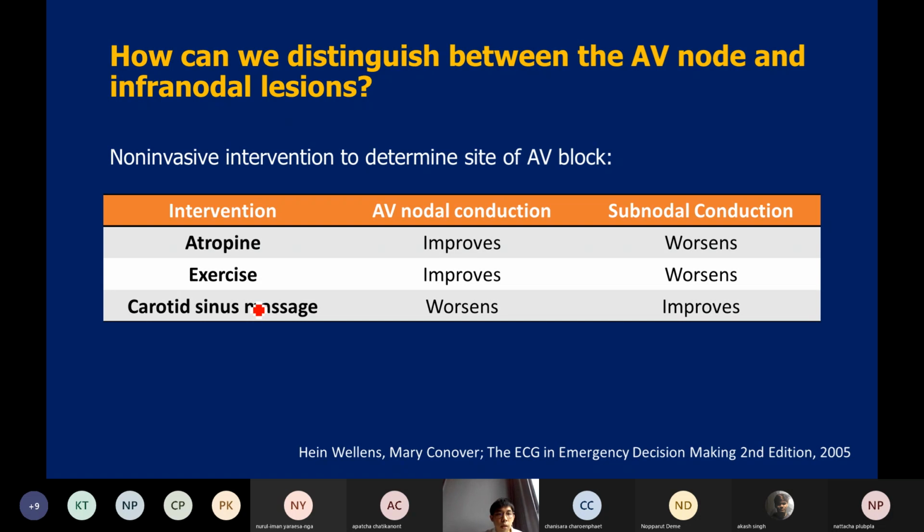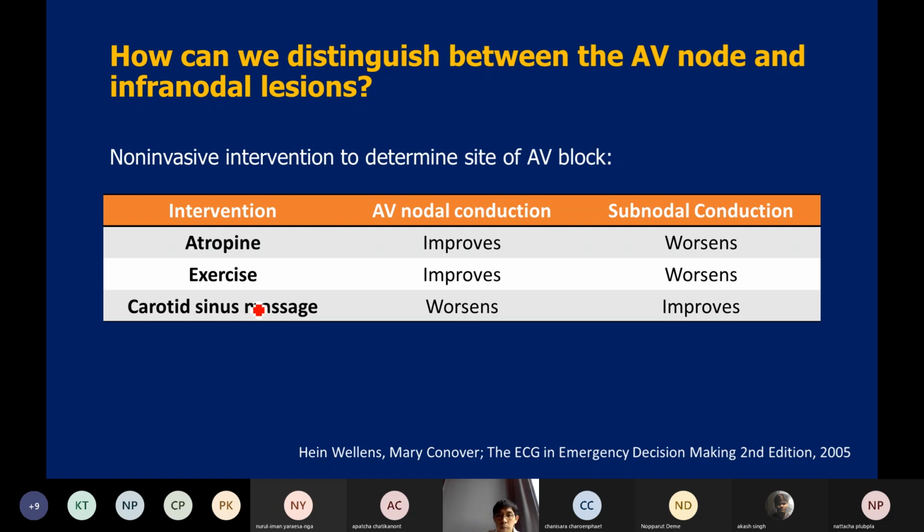And the last intervention is the carotid sinus massage. This is vice versa compared with the other two interventions. If you do the carotid sinus massage and the AV block is worsening, it should be a lesion in the AV node conduction.